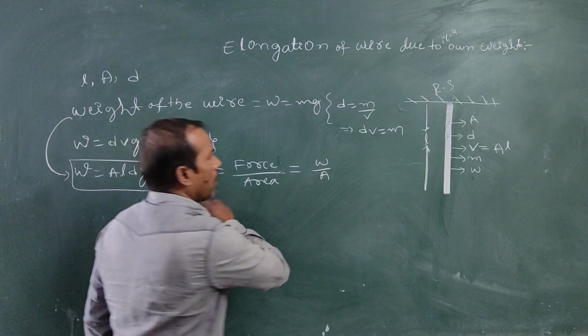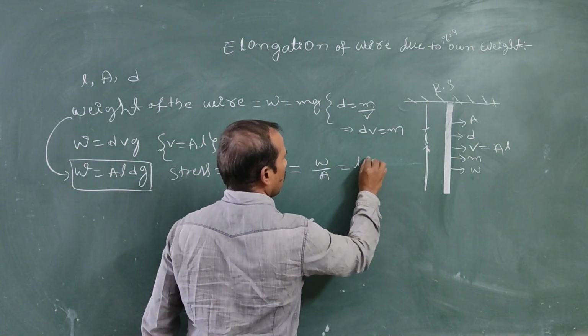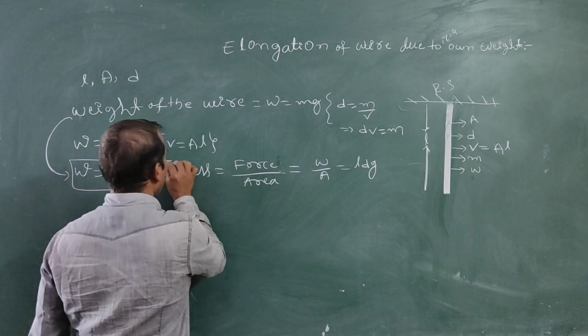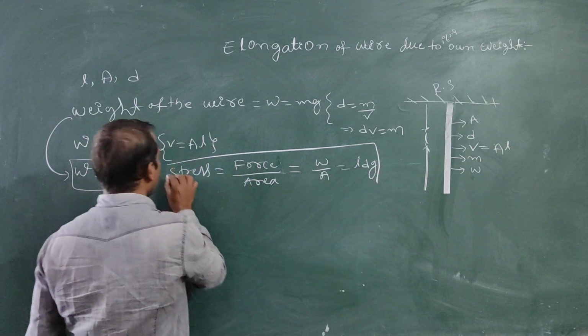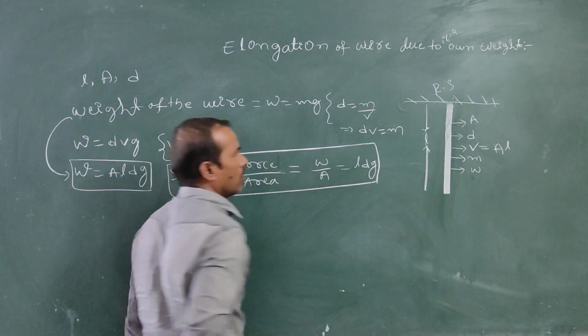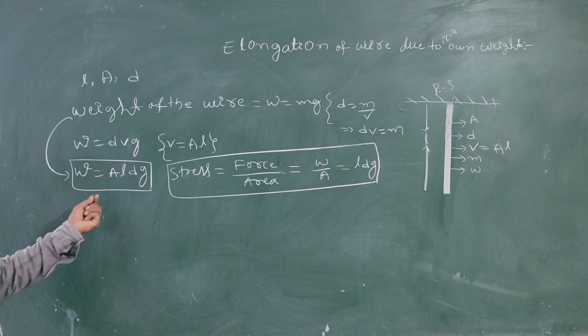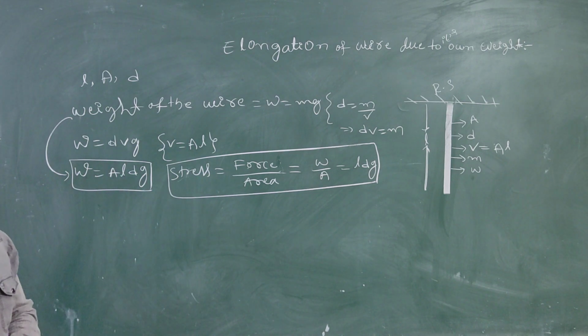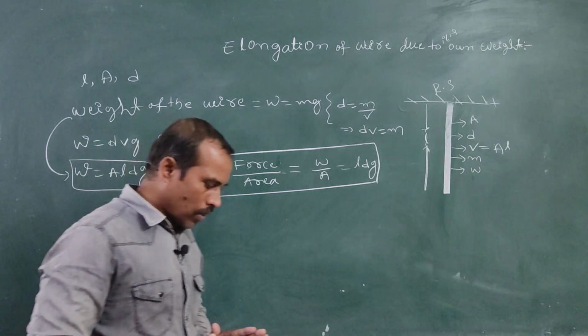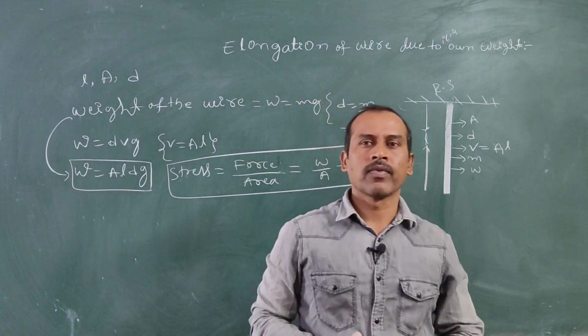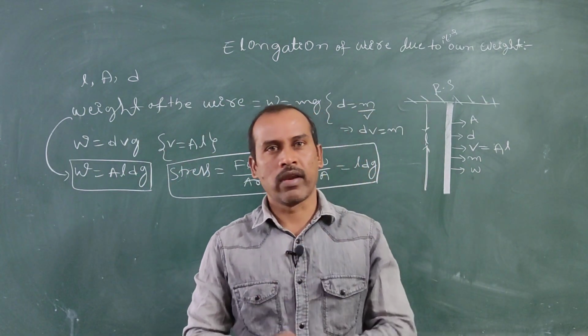So the stress is equal to LDG. This is the stress formula for that wire. The weight of the wire W is equal to ALDG.